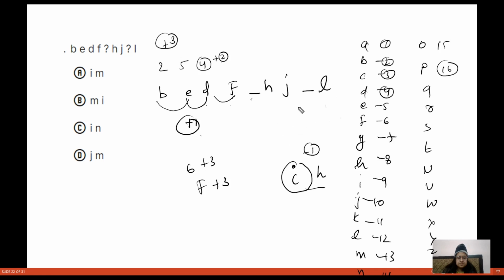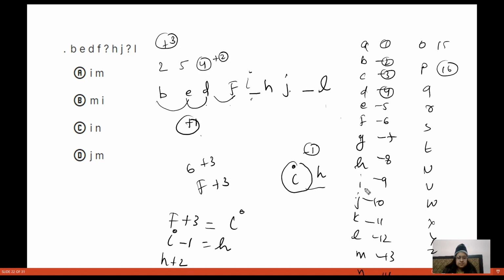Now F plus 3 is I, and I minus 1 is H. Now, if this H and J satisfy our condition, then I need H plus 2.